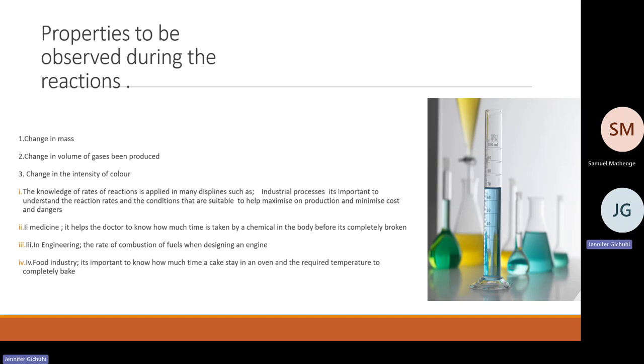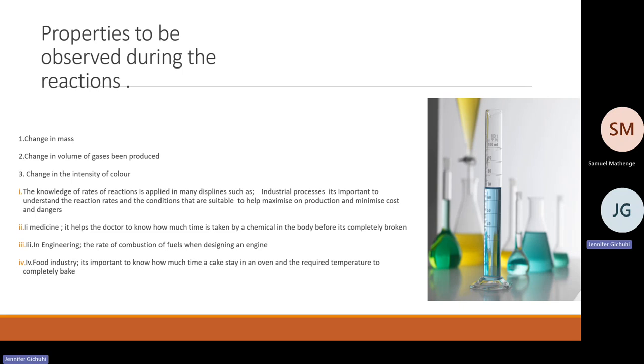Does it have any application in real life experiences? And the answer is yes. A few examples will help us to understand that the topic is important and that we need to give it the seriousness that it deserves in order for us to understand it well.